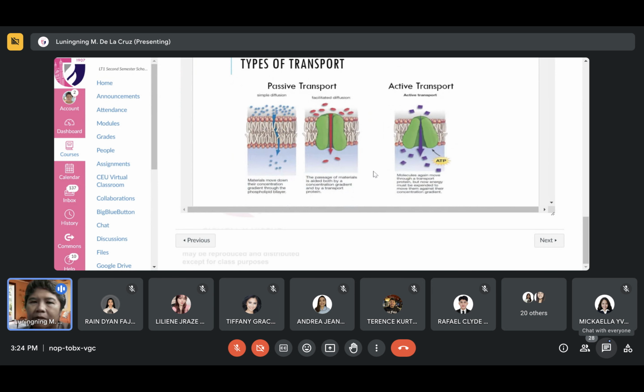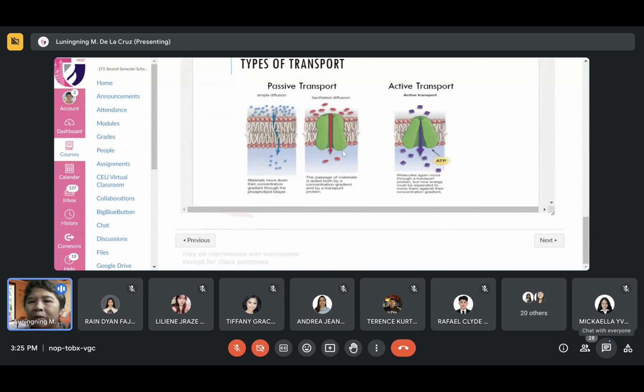So, this one is a passive transport. It goes from an area of high concentration to low concentration. Now, look here. This one is also facilitated diffusion. It goes from an area of high concentration to low concentration. This facilitated diffusion will pass through our cell membrane with the aid of a protein.